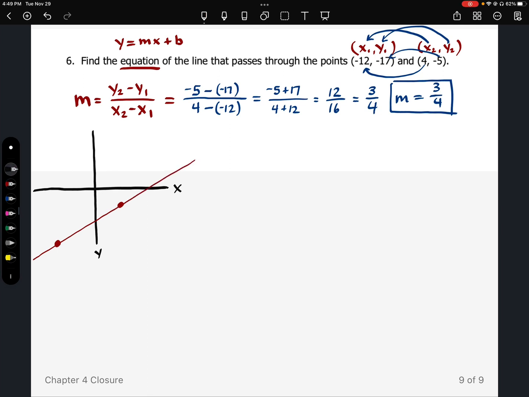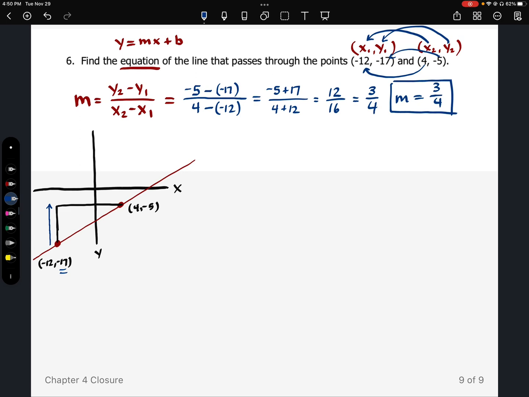So if we take this and we draw in our slope triangle, I can kind of figure out what my slope is that way too. Because right now, since I'm at (-12, -17), and over here I'm at (4, -5), let's think about the distance that we're traveling. To go from -17 up to -5, how far have we gone?